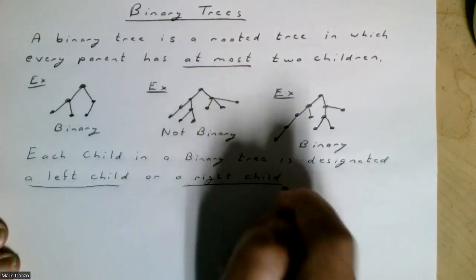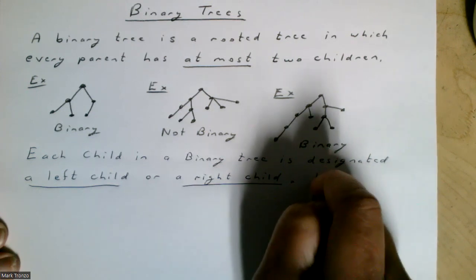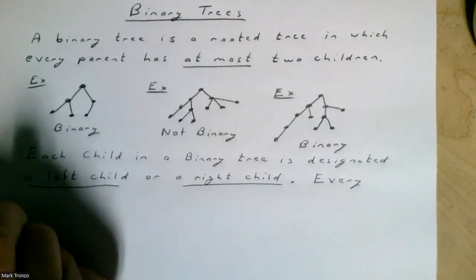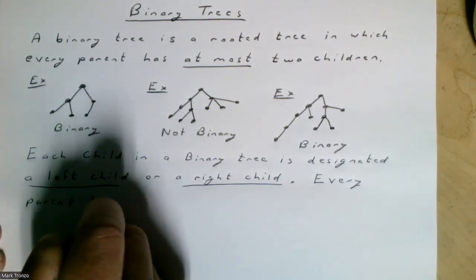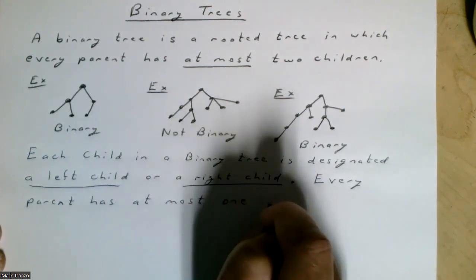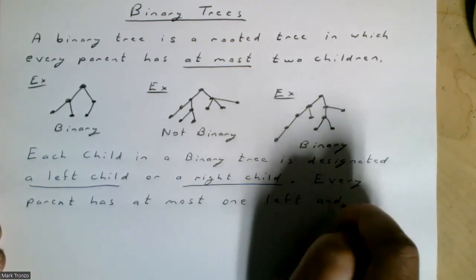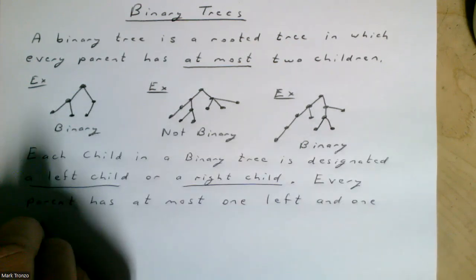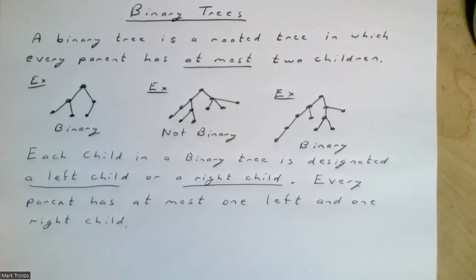And of course, by definition of binary tree, every parent has at most 1 left and 1 right child. Since it has at most 2 children, it would at most have 1 left and 1 right child.